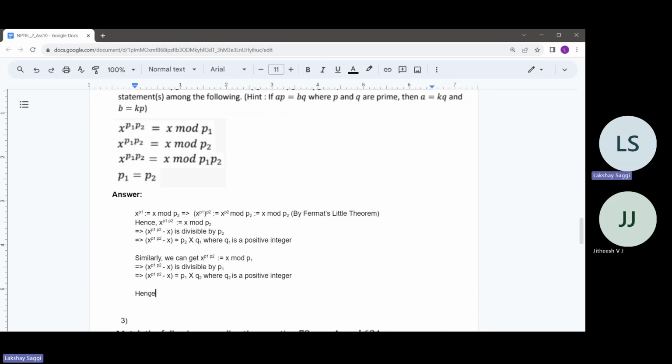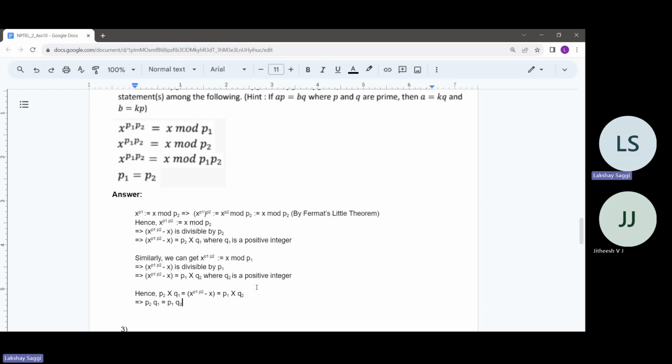Hence, p2 times q1 is equal to x raised to the power p1 p2 minus x, which is p1 times q2. So this implies that p2 times q1 is equal to p1 times q2.